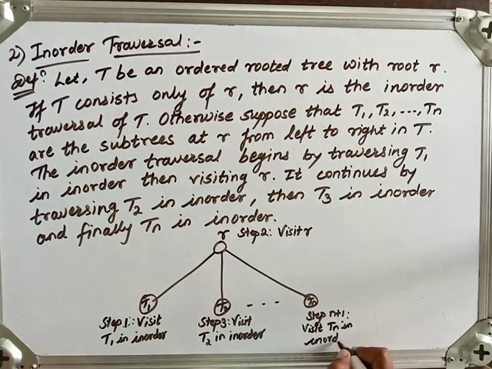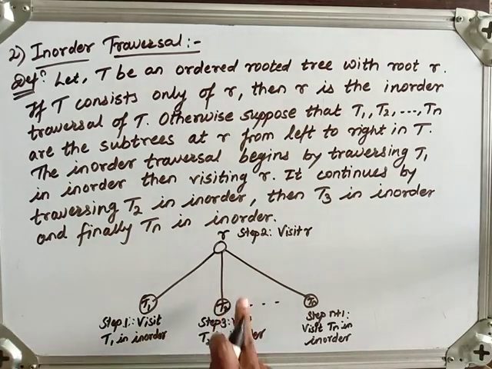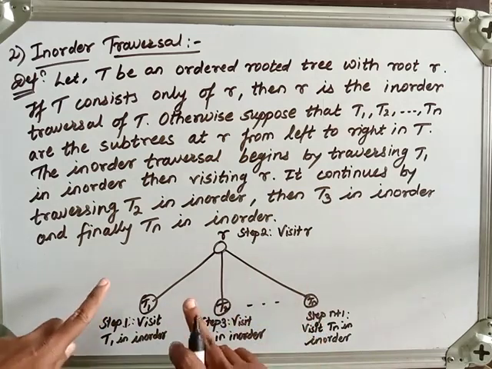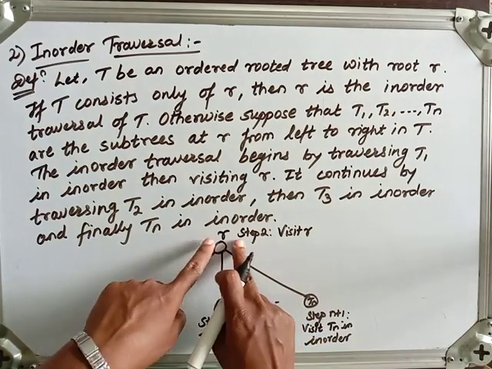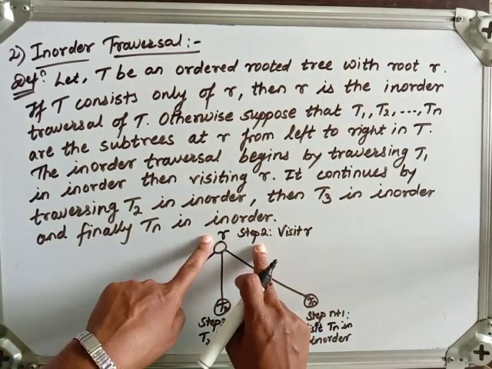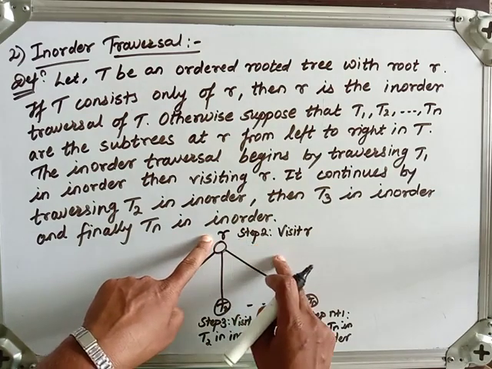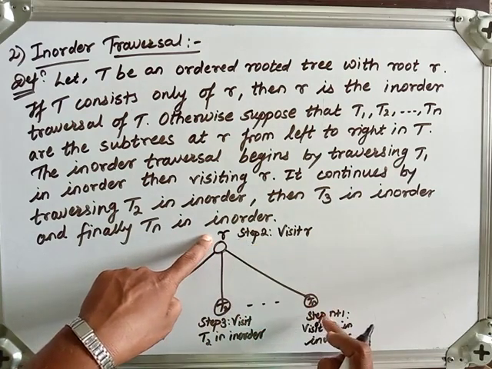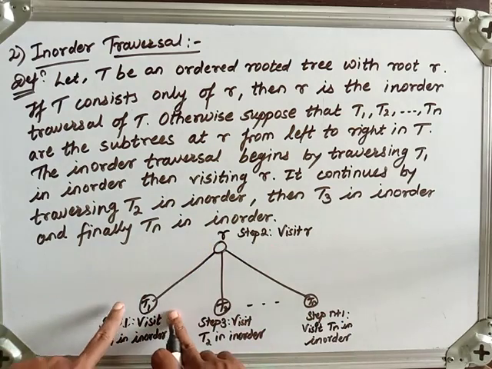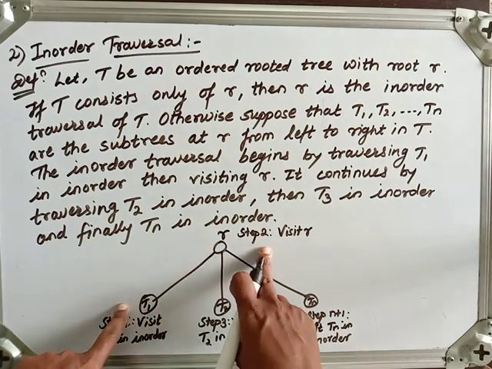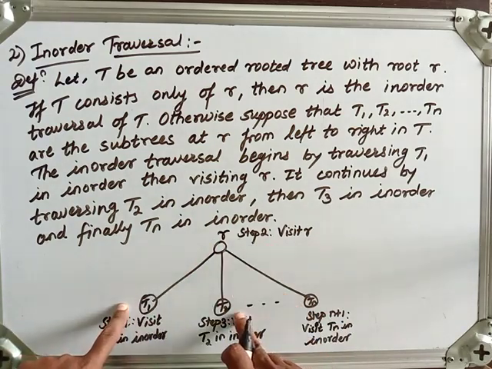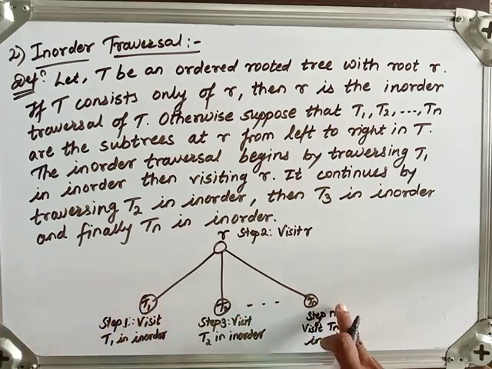This is our step n+1, and this is in-order traversal. From the diagram you will get it clearly. If only R is there, then it is itself the in-order traversal, but if it has some subtrees also, then we start from T1, then visit the root, and then come to the second subtree and so on up to the last subtree. Let's see an example on it.